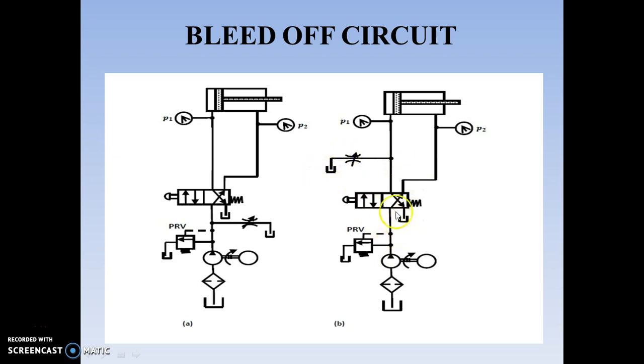The only difference between these two circuits is that this bleed-off circuit, or the flow control valve attached to the additional line before the direction control valve, will be acting for both the positions, but here the additional line will be acting only for the inlet of the circuit. Here both inlet and outlet, here only inlet.